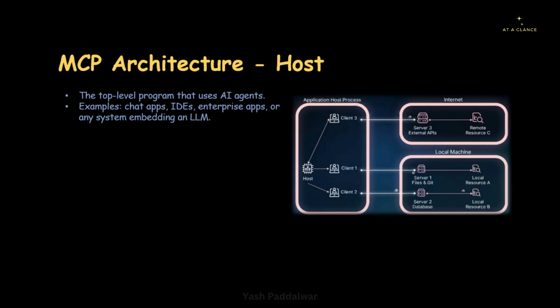Any chat applications, enterprise applications can be called a host. So let's say your VS Code, where you actually enter a user query just to create code or maybe for debugging, or any of the extensions like Cline or Roo Code. Those particular interfaces where you actually interact with the AI are nothing but the host.